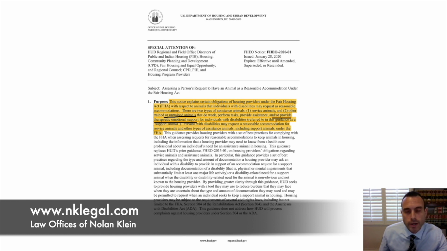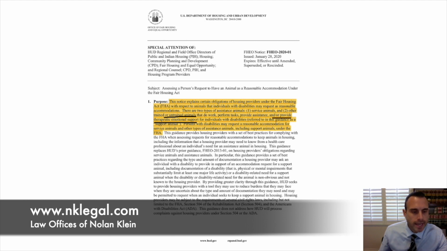I've gotten the inquiry from condos about whether or not emotional support animals are still required to be accommodated, given that the ADA is no longer defining them as service animals. And just note that it's actually the Fair Housing Act that those types of businesses would have to concern themselves with.